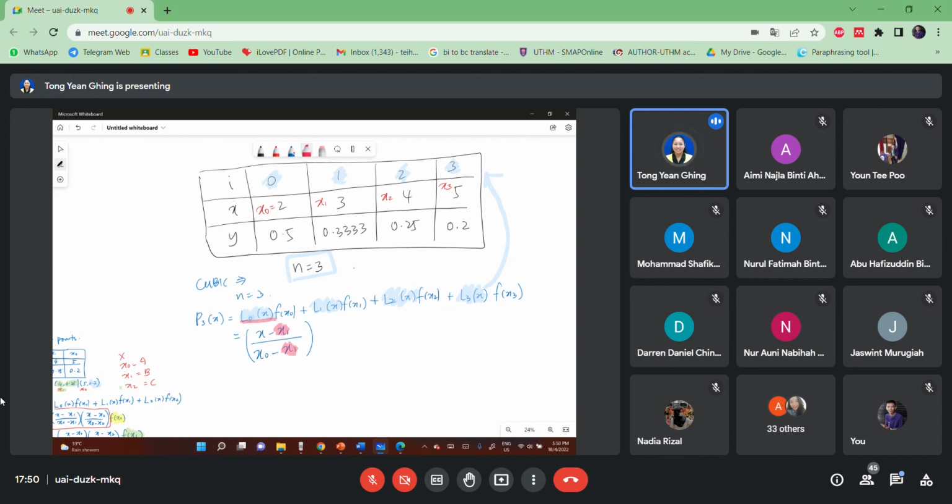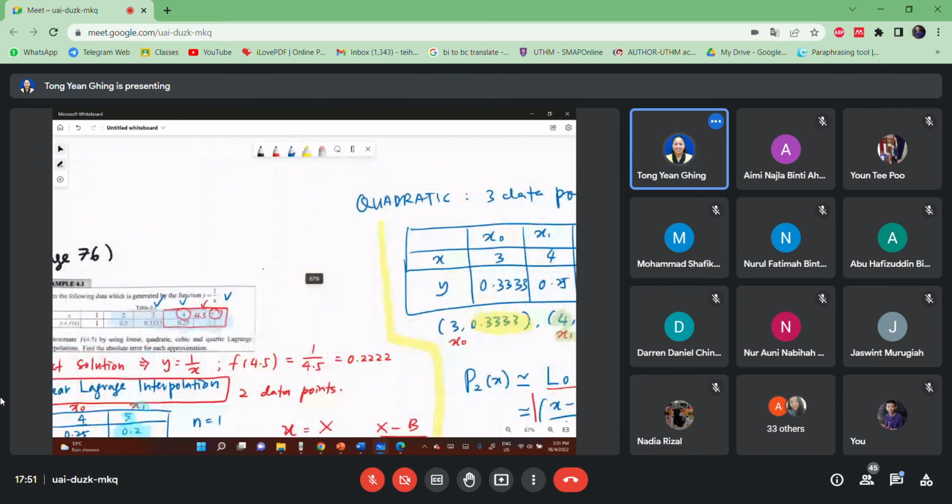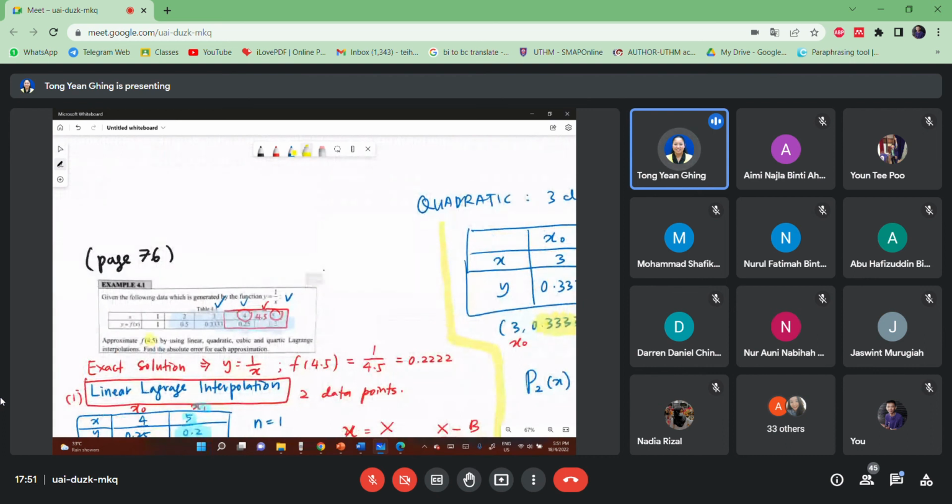Each time, the X here is the value that we want to find. Based on these questions, the value that we need to find is 4.5. So the X will be 4.5 for these questions. When X is 4.5, what is the value of Y?